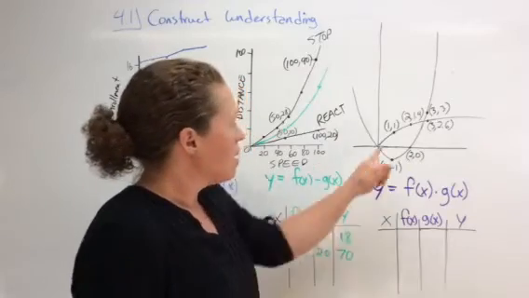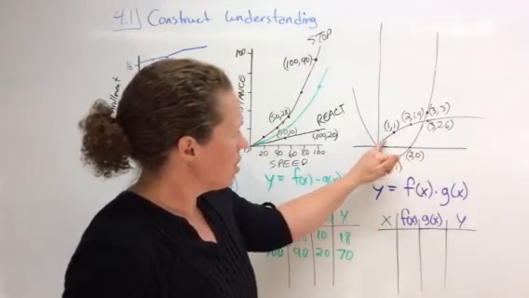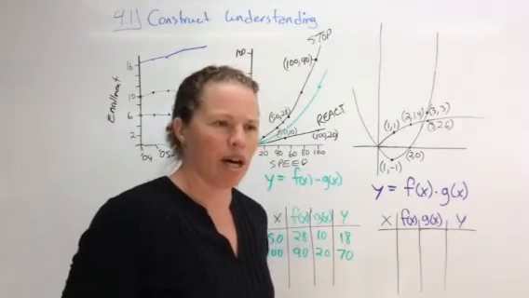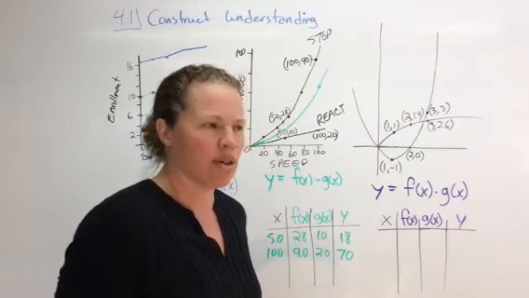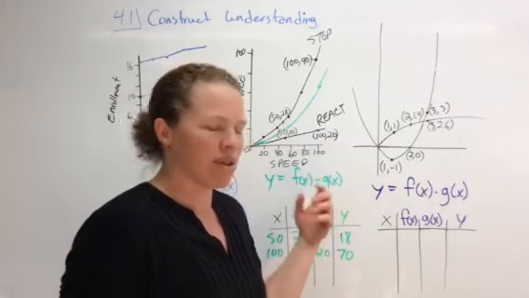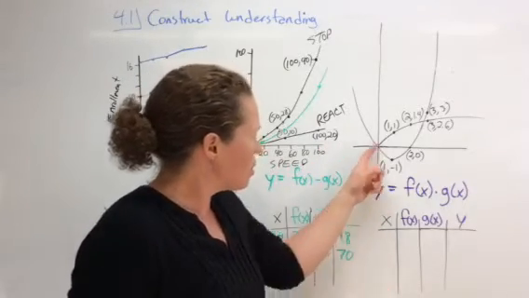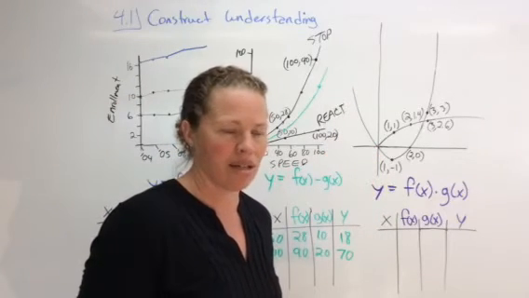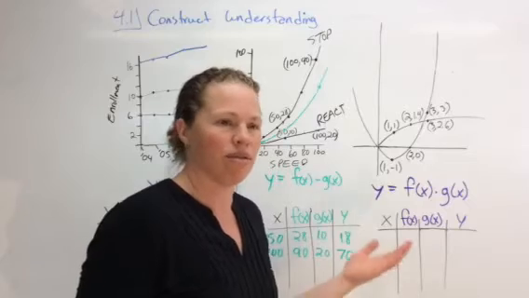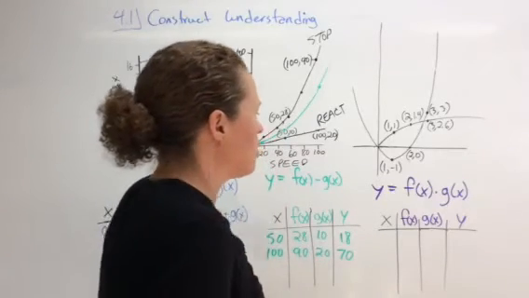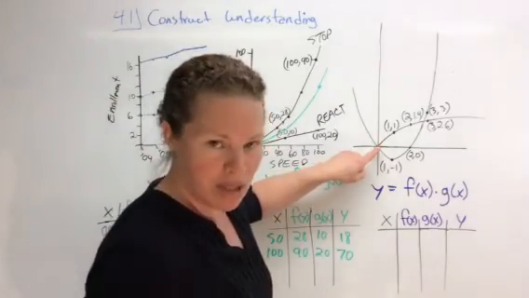But this function starts here and goes that way. So you're constrained by one of them. You can't get values back here because there aren't any values to combine. The only function that exists here is this one. They both don't exist there, so you can't get a value for f of x times g of x if g of x isn't there. So we're going to start where both of them exist.